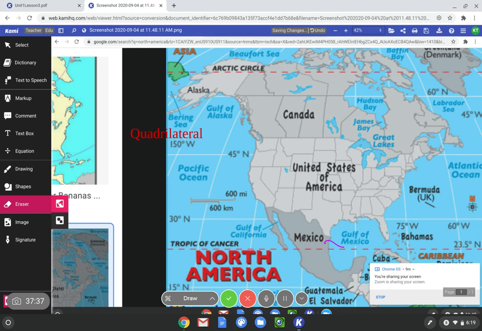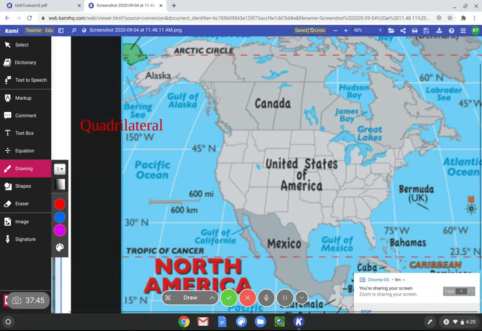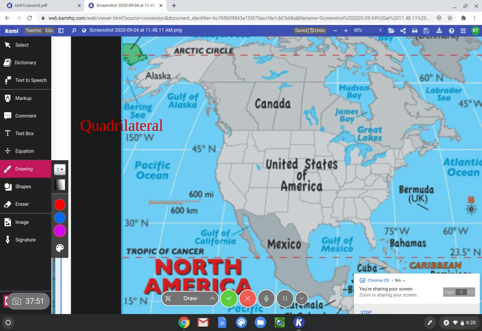So let's zoom in a little bit more. You don't just say you're from North America, you say you're from the United States of America. Okay, well, the United States of America is in North America. The USA is in North America.